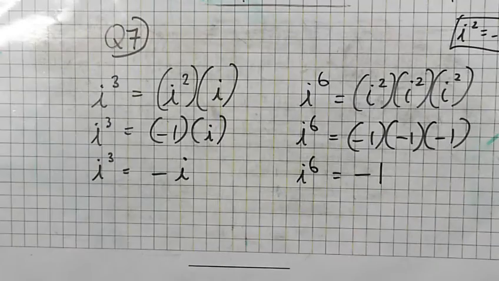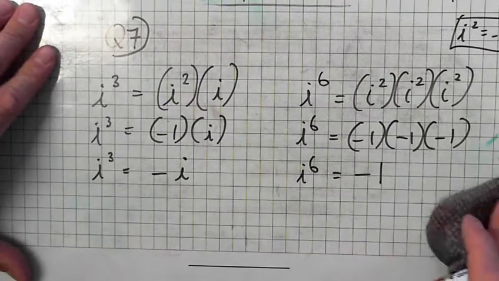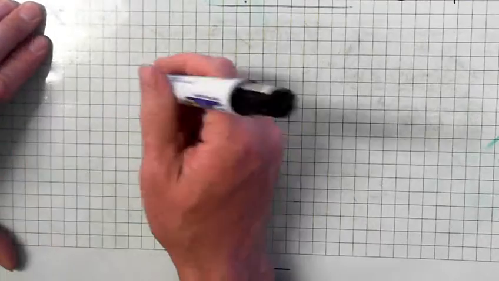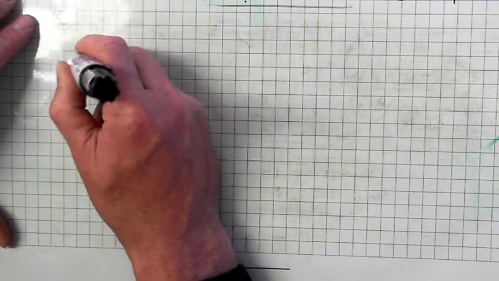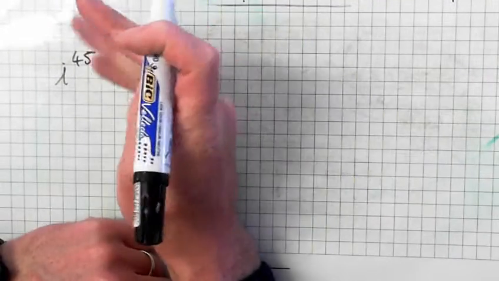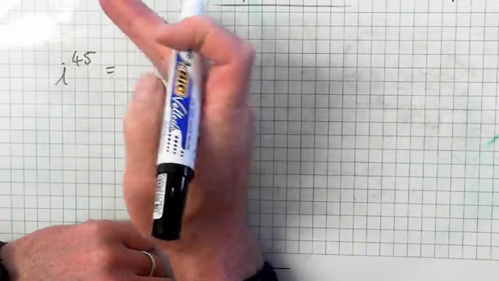So minus 1. Right, so you can keep going. You could do i to the power of 45 the long way. I'll show you a shortcut later on as to how to do it.